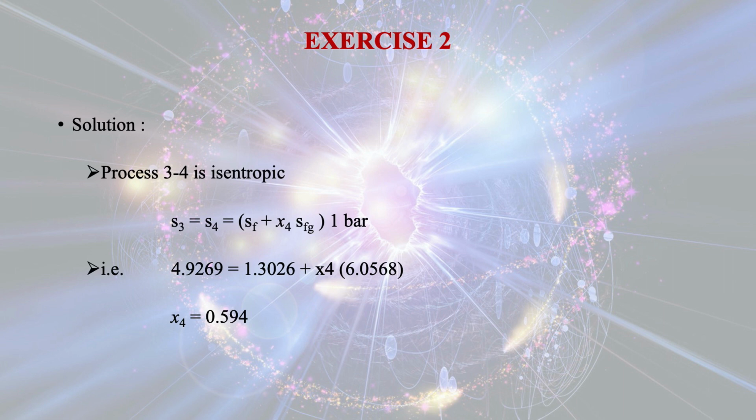You can very easily calculate the value of X4. For this problem, X4 is equal to 0.594. Once you calculate X4, there is no difficulty in calculating the enthalpy at state 4, that is H4.